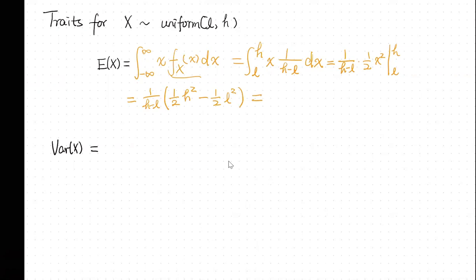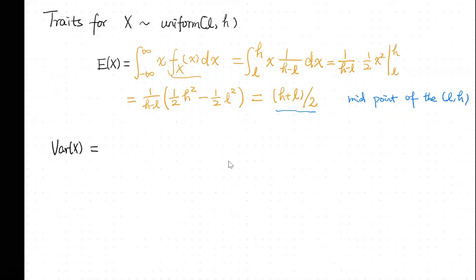And that turns out to be H plus L divided by 2, which, notice, is the midpoint of the interval on which random variable x has positive density.